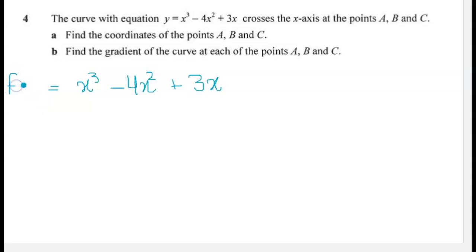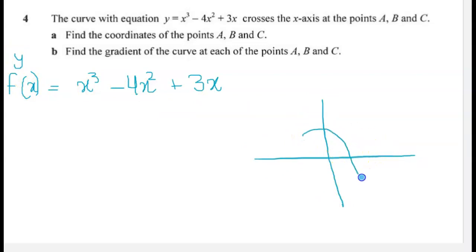I'm just going to call that one f of x. Now, on a graph, this is also y. Remember, this is also y. On the graph, let's imagine these are, I don't know where the points are, but let's say it crosses at this point and that point and that point, wherever the points are.